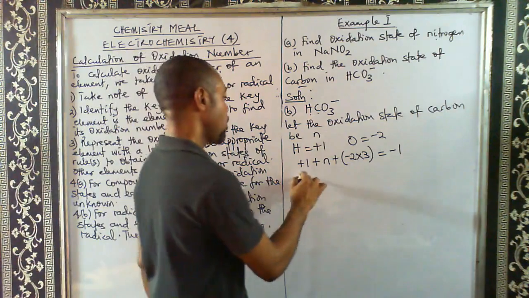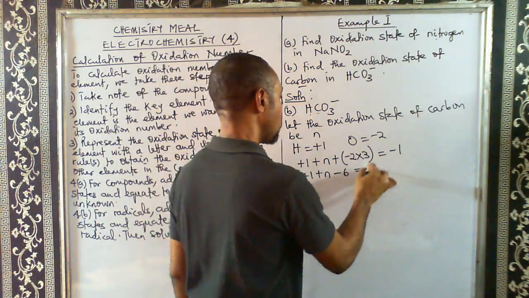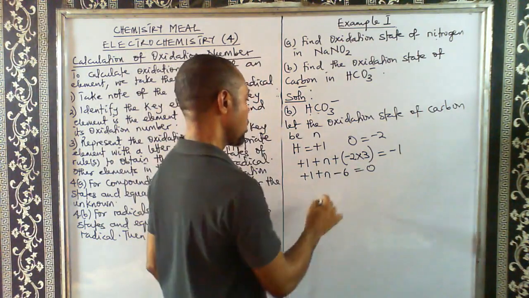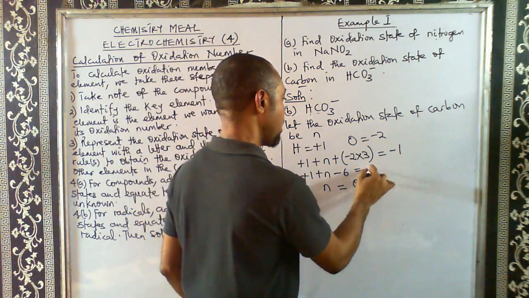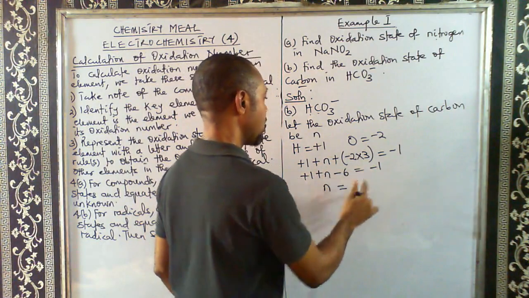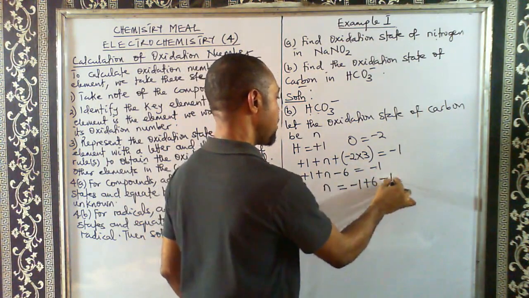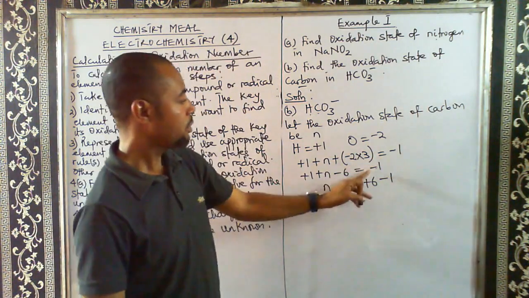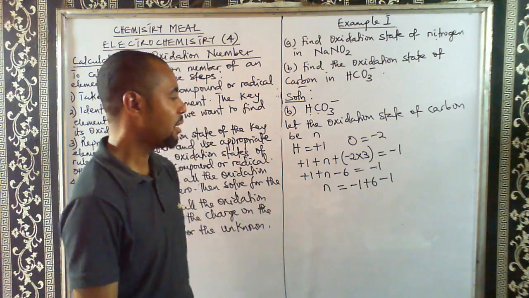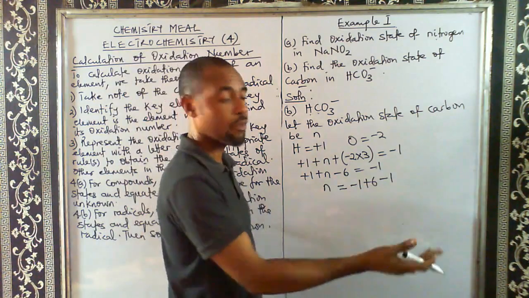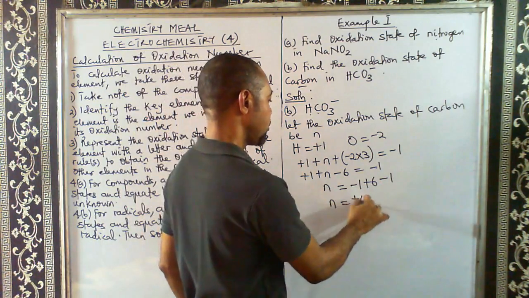So +1 plus N minus 6 is equal to -1. If we collect like terms, N remains here, and -1 moving across, the 6 coming here becomes plus 6, that's mathematics now. -1 plus 6 is +5, and +5 minus 1 gives us +4.